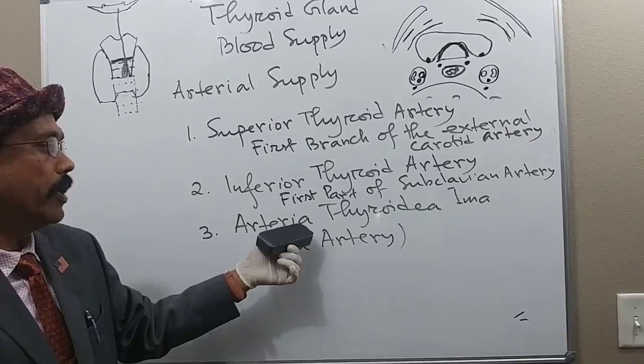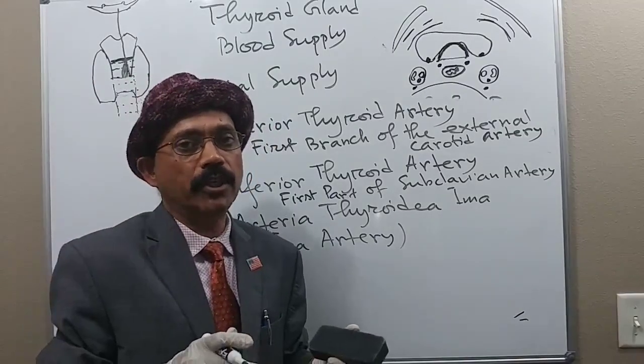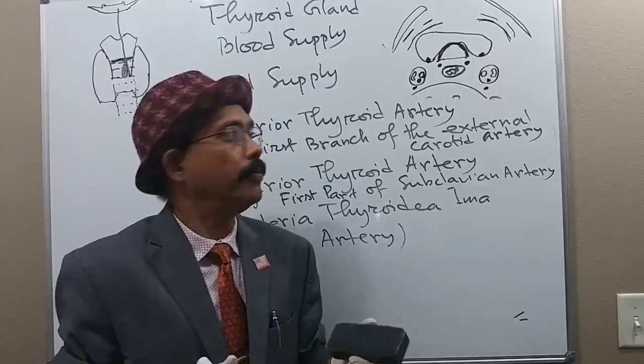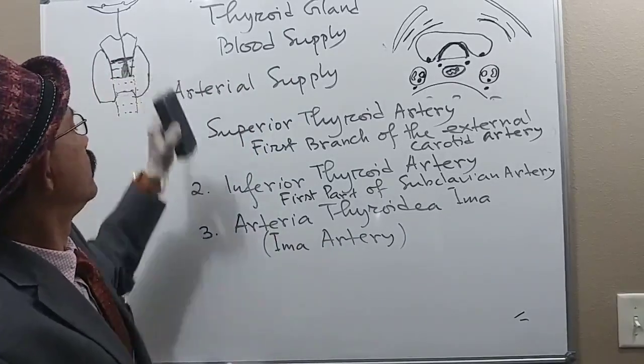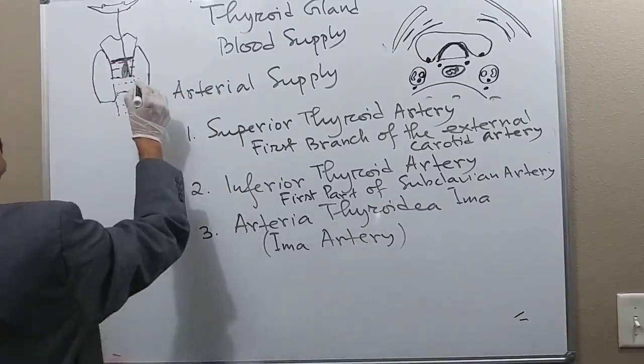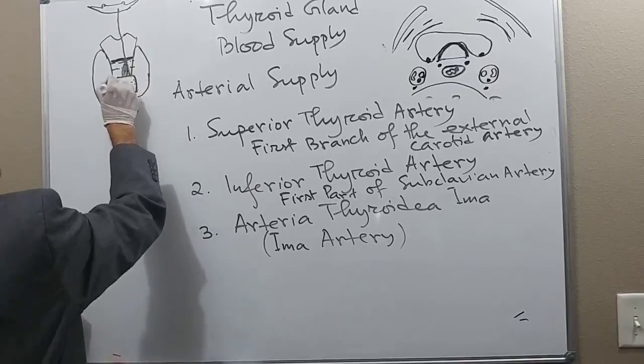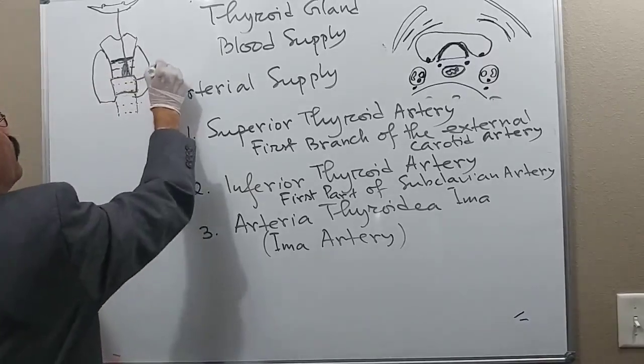The arteria thyroidea ima supplies the isthmus, the junction between the left lobe and right lobe of the thyroid gland.